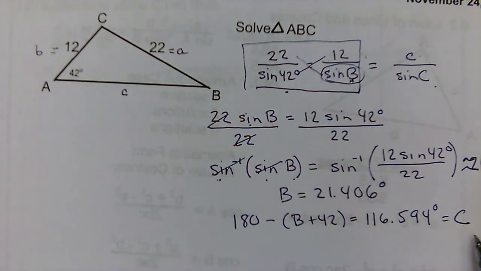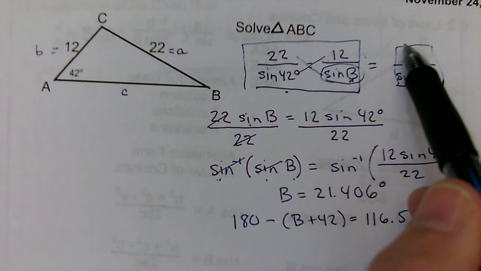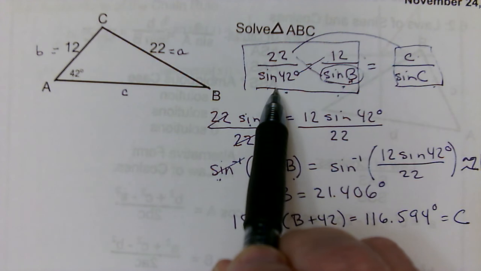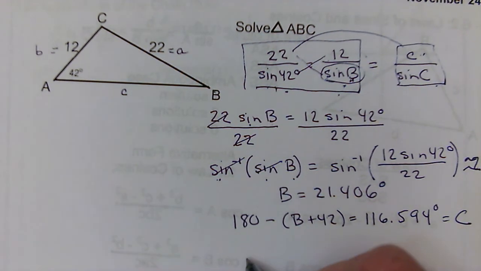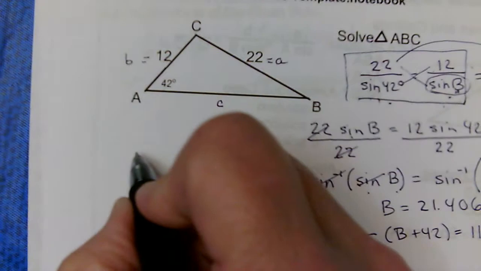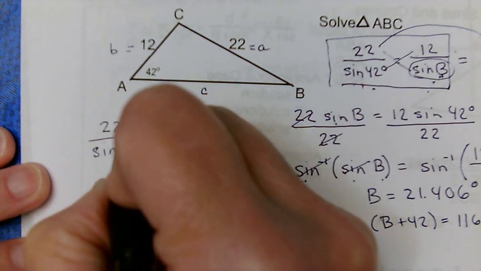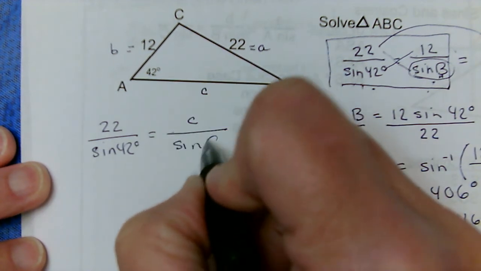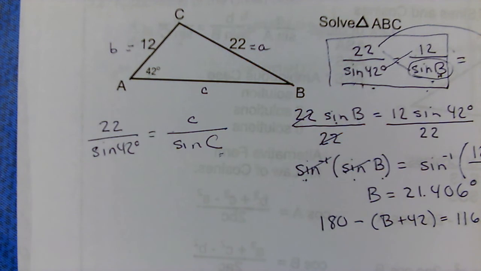So now that I know angle C, I can go back up to my equation, and again, I want to avoid using the rounded answer, so I'm going to connect it with this one to try to find the missing side. So now I have 22 over the sine of 42 degrees equals little c over the sine of angle C. And I'm just going to leave it C here because I'm going to use the stored value in the calculator to find it.